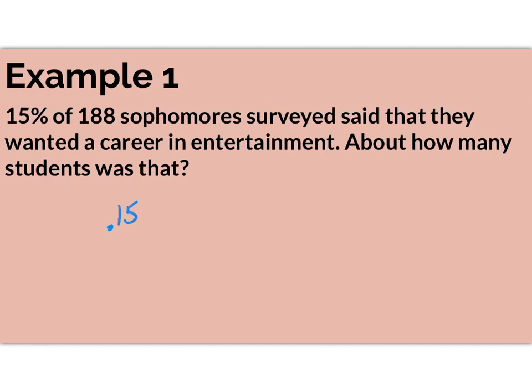So 0.15 times 188 equals 28.2 as a number, but we cannot have 0.2 of a student. So when dealing with word problems, you need a whole number. So it's about 28 students.